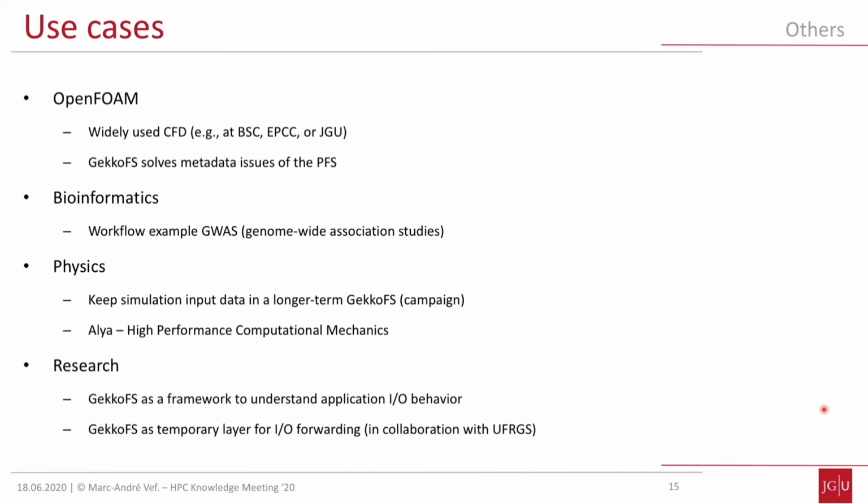There are other use cases for bioinformatics, which sometimes tend to create a lot of small files, but also physics, where we would look at how we can use a longer term GekkoFS as a campaign. For example, some simulations have several steps that are stretched over multiple jobs.